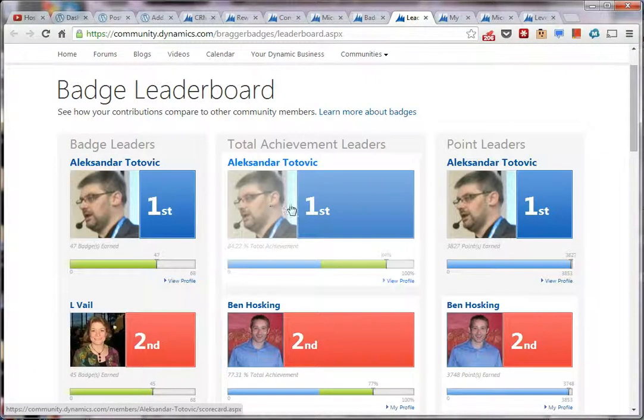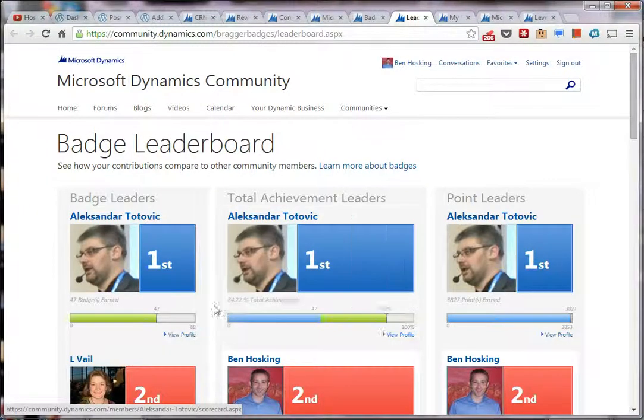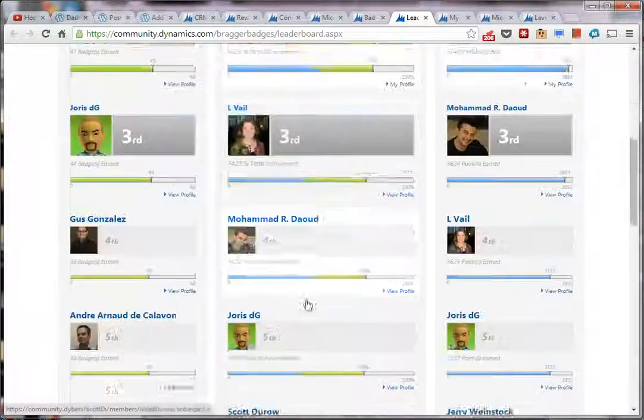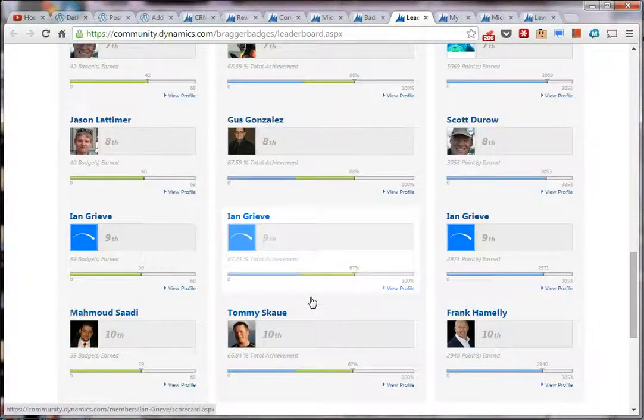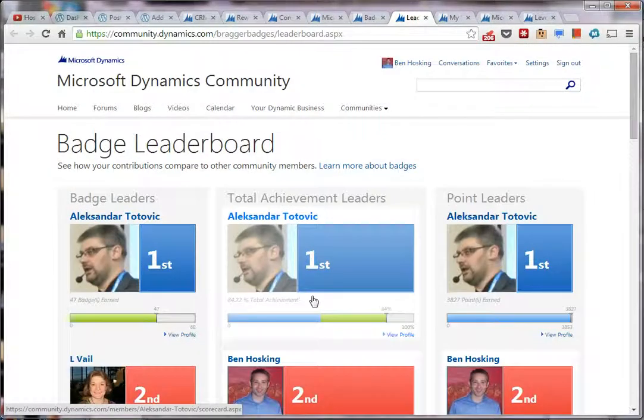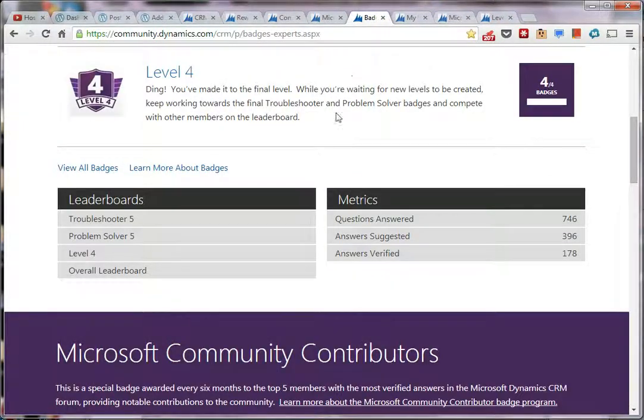You know, no one's ever going to knock Alexander Totivic off the top, because you only get so many points, and so this list isn't really ever going to change very much. So I believe Microsoft are thinking of changing this sometime in the future to show perhaps a monthly leaderboard and more people in the list.